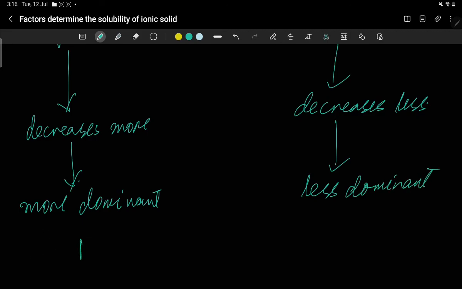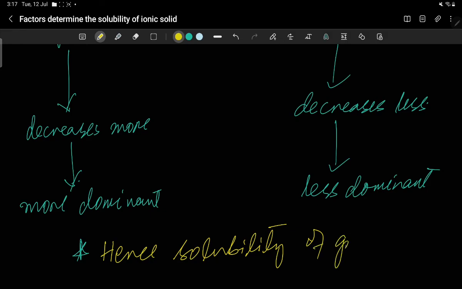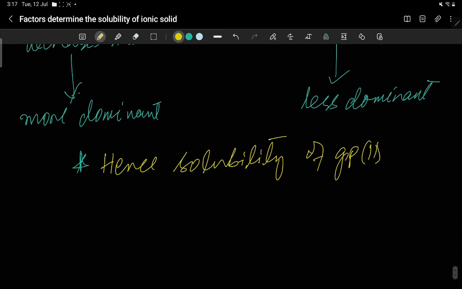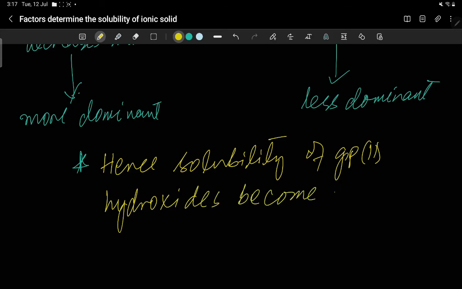Hence, the solubility of group 2 hydroxides becomes more soluble down the group.